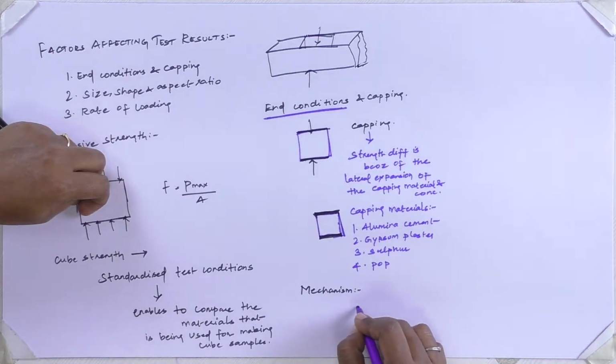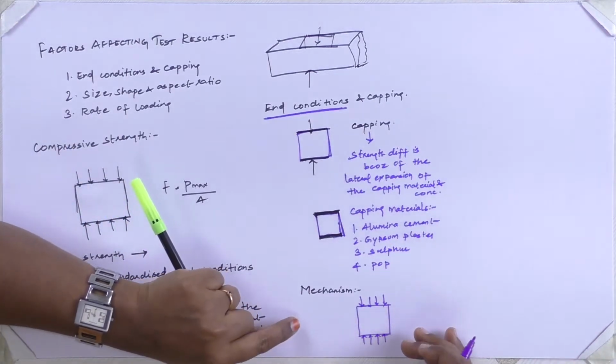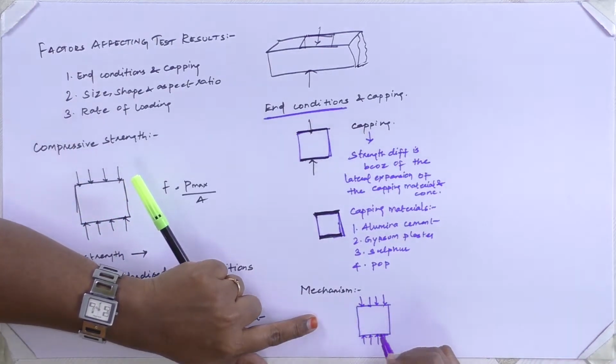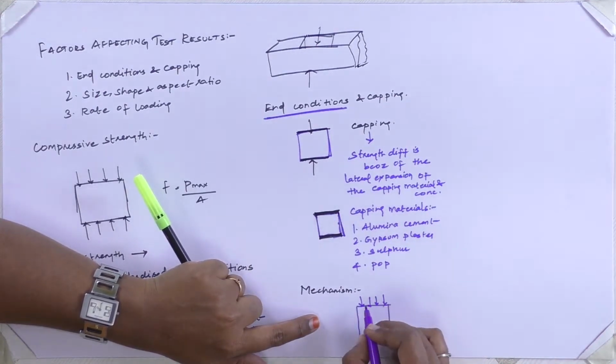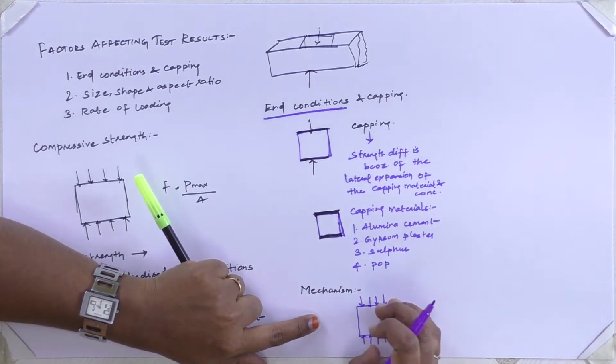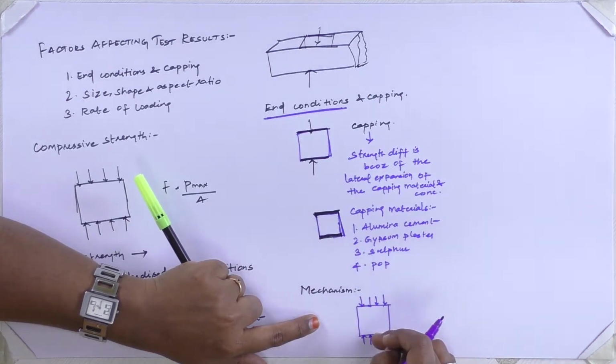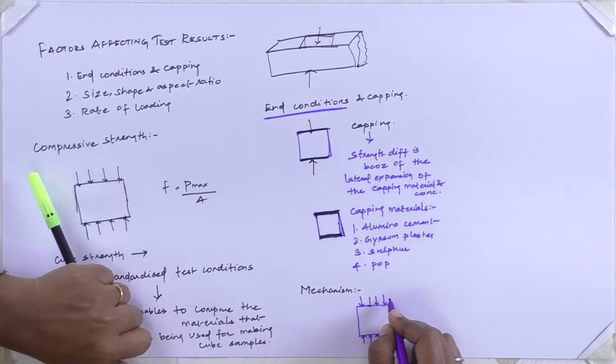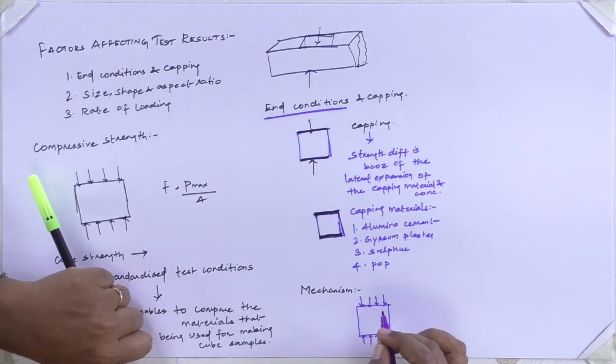Assuming this to be my cube, I am applying load. Here let us assume that we have not done any capping for this specimen. It is the cube specimen and I am placing it in a compressive strength testing machine, and I am applying load through the loading plates or platens.